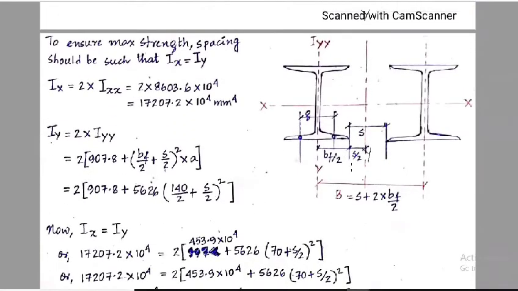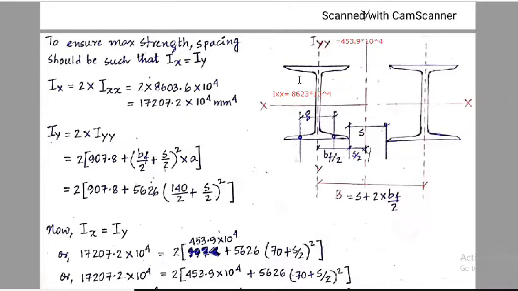So if we consider this beam, then the Ixx value is about this axis, which is given as 8603.6 into 10 to the power 4. And how much is Iyy? The moment of inertia about this axis is given. This is equal to 453.9 into 10 to the power 4.